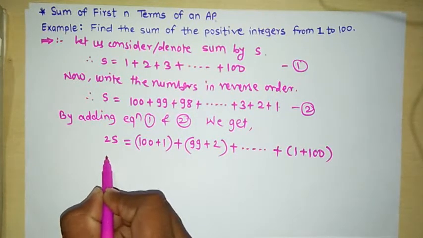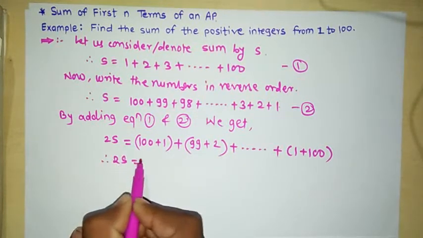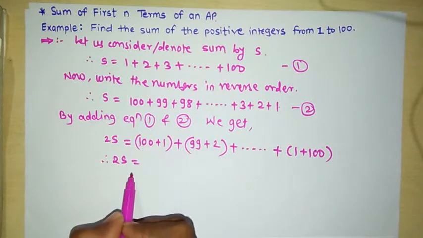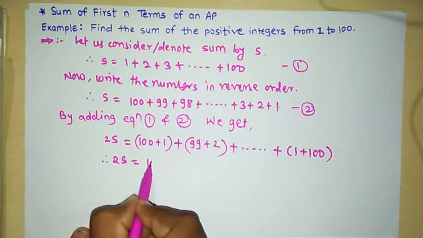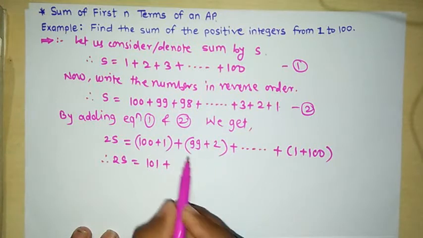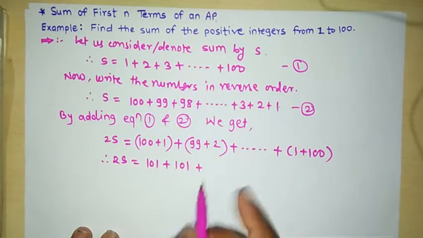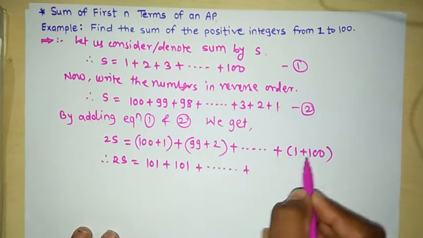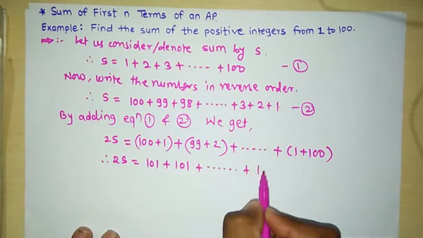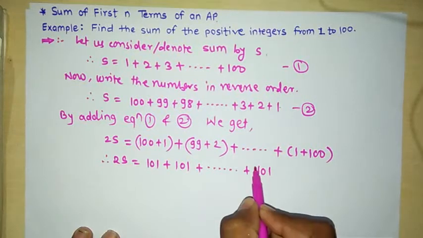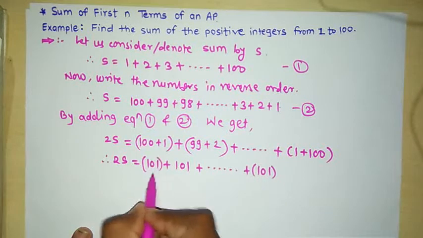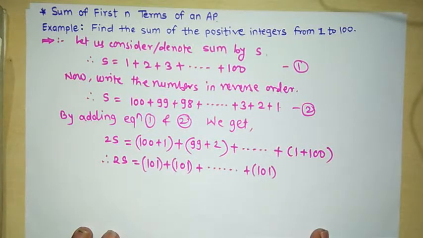Now see here. Therefore, 2S is equal to 100 plus 1, which is 101. Then 99 plus 2 is also 101. Therefore, all additions will come to 101 only. Plus 100 plus 1, which is 101. How many times will 101 come?